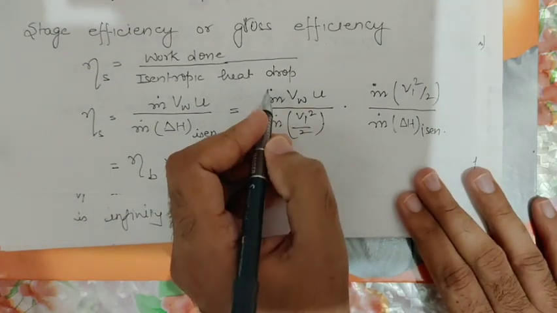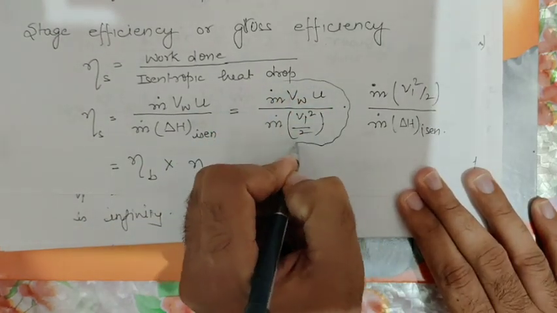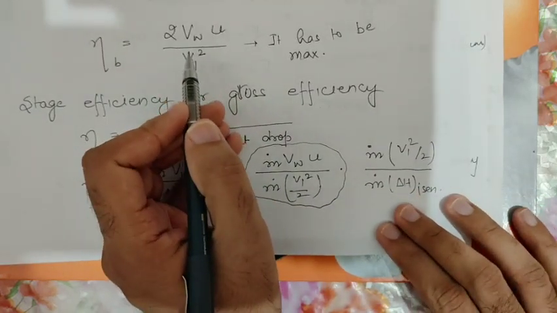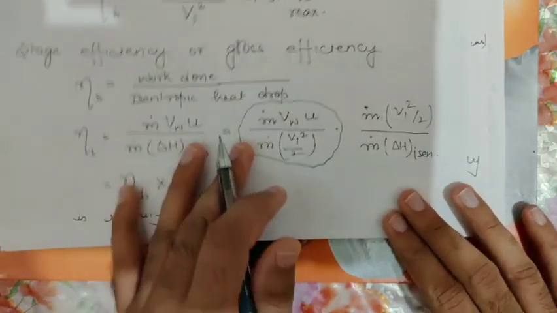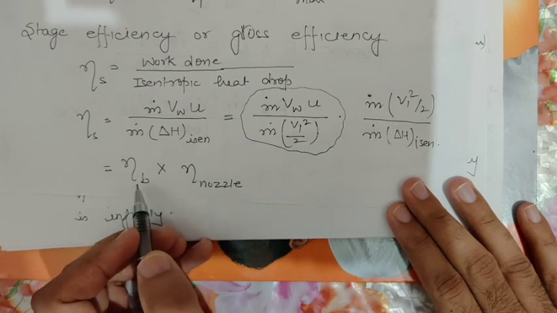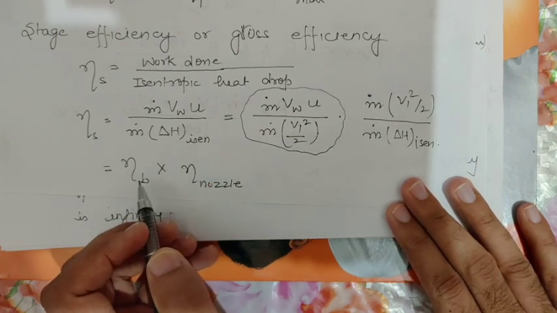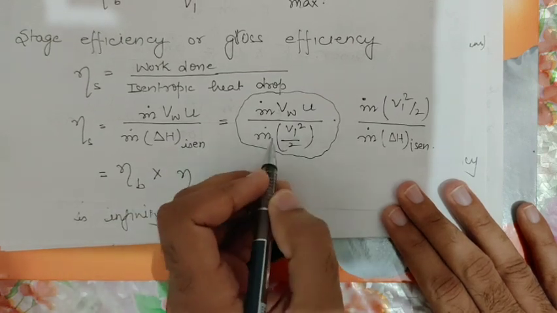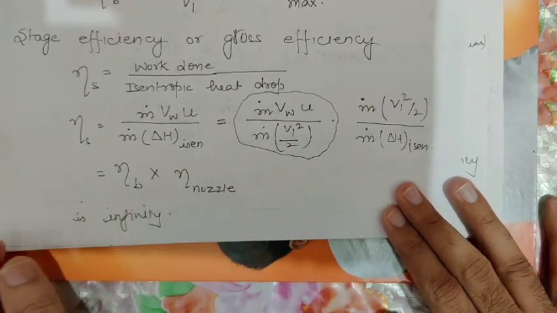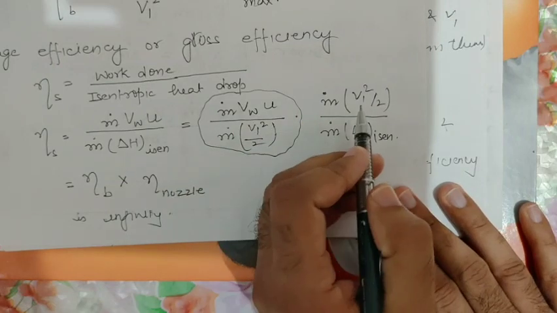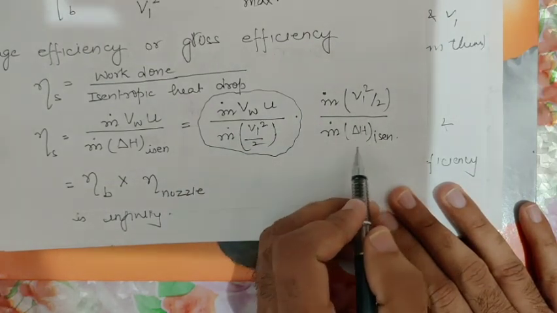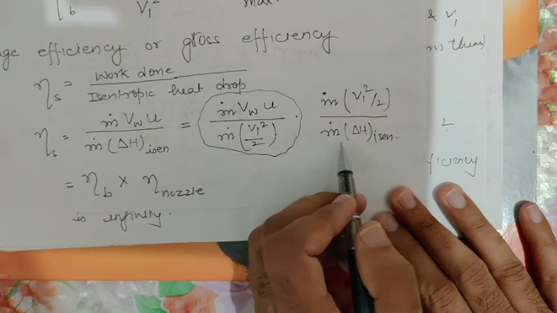This first value is the efficiency of the blade, multiplied by this value, the kinetic energy divided by the isentropic heat drop.